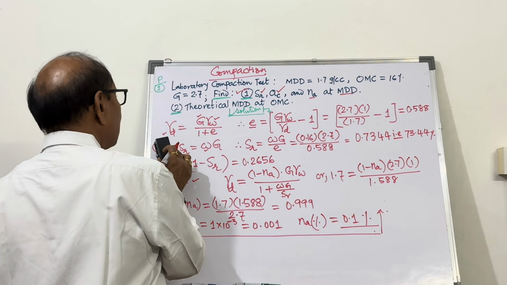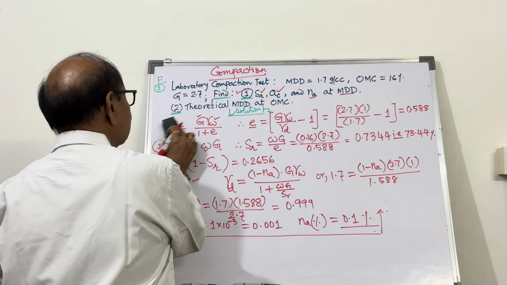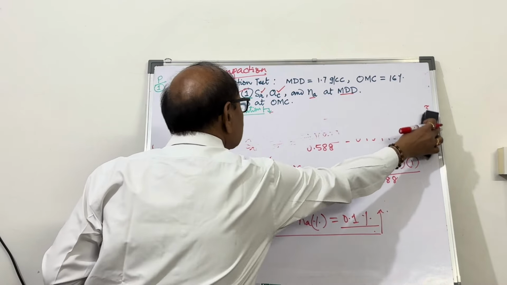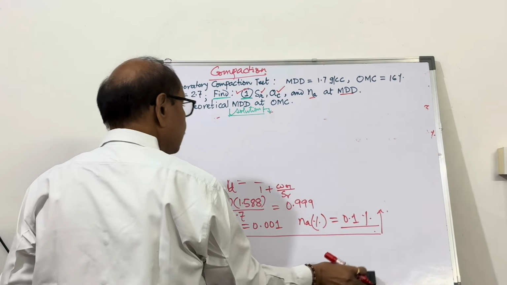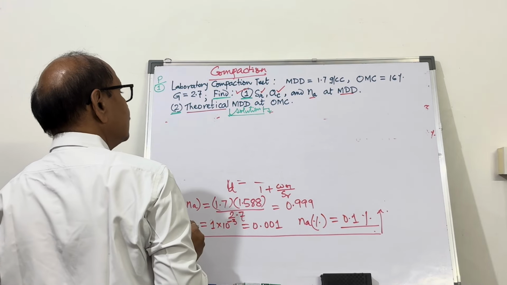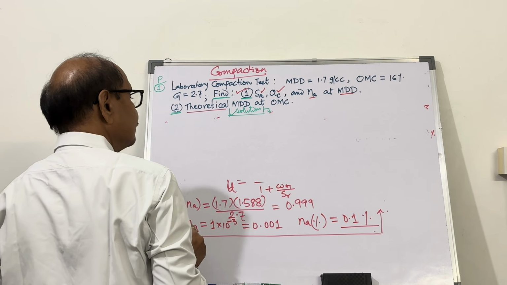In the second part of this problem, if you look here, what is required is the theoretical maximum dry density.